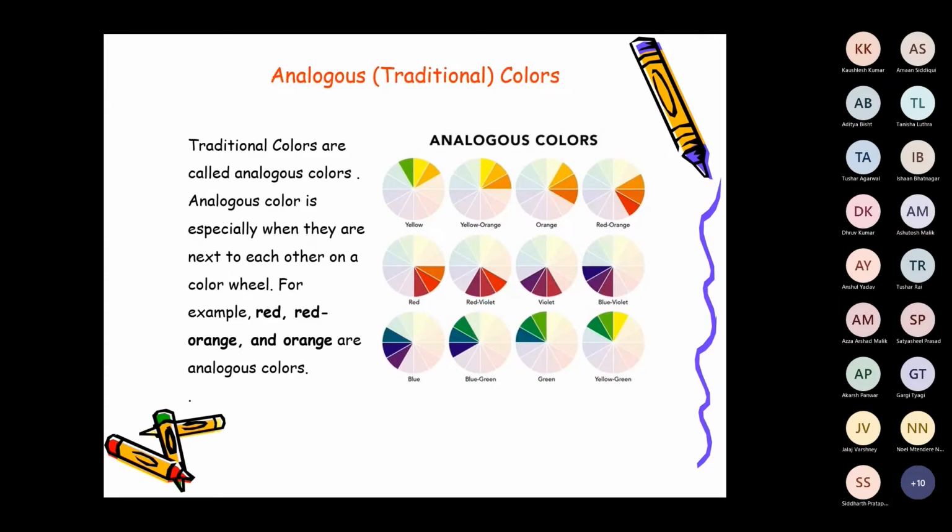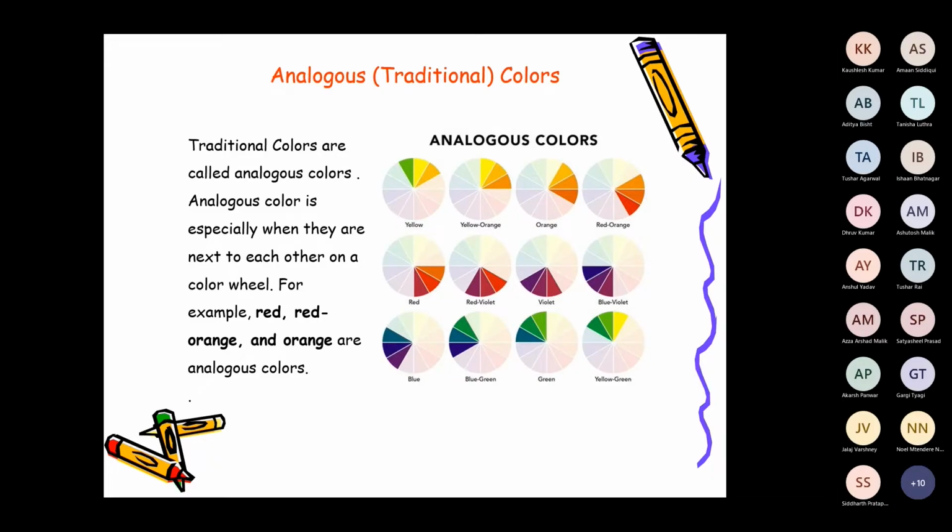Analogs or traditional colors. What is analogs? So traditional colors are called analogs colors. Analogous colors are especially those next to each other on a color wheel. So when we make a color wheel, the same color tones come in the next triangle, you can see in the reference. So it's called analogs, right? So it's related color with the first one.